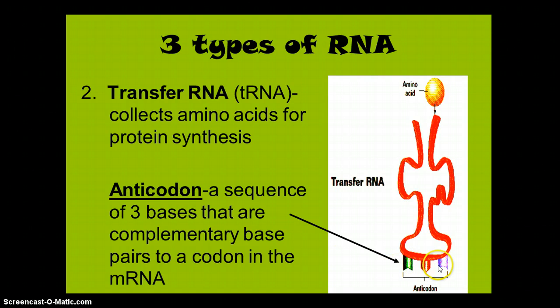On the anticodon, we'll have the complementary base pairing. So AUG would be down here on the codon. We would have UAC as an anticodon, and that's just going to come and bind to the codon, and it's going to bring with it that amino acid that the AUG codes for, and that's MET.